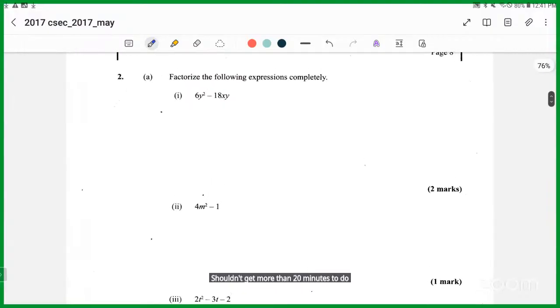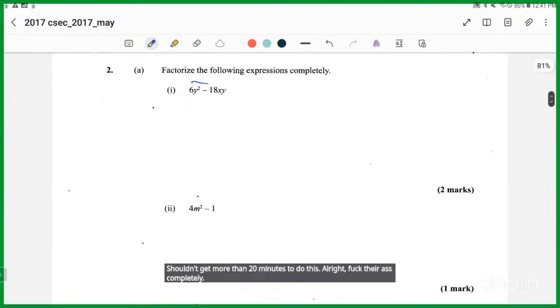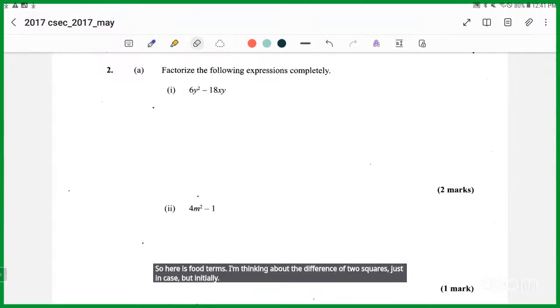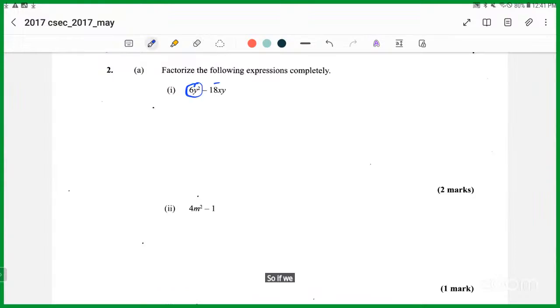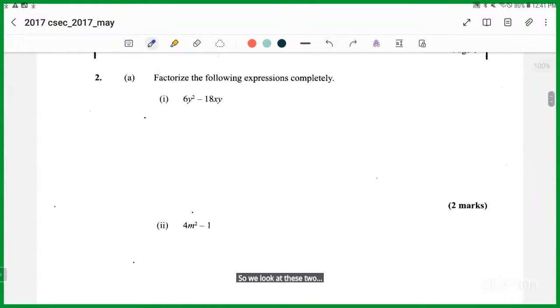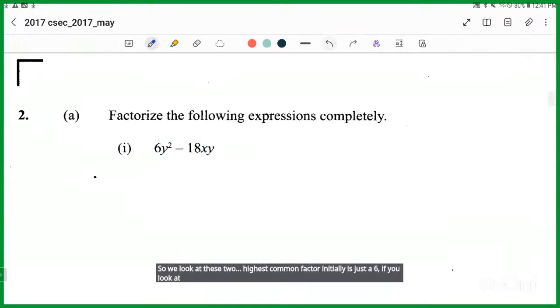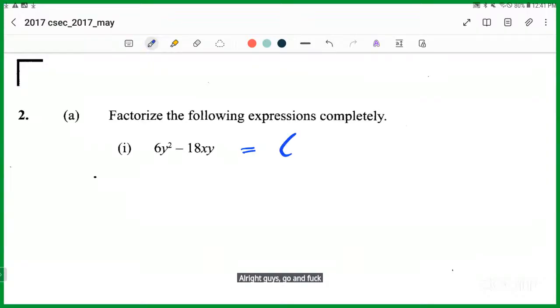Alright, factorize completely. So here are two terms. I'm thinking about the difference of two squares just in case, but initially it's just a common factor. If we look at these two, the highest common factor initially is just a 6 with the numerals. With the y terms it's y. And that's it. The highest common factor is 6y. If I factor 6y out of this, I'm left with a y.